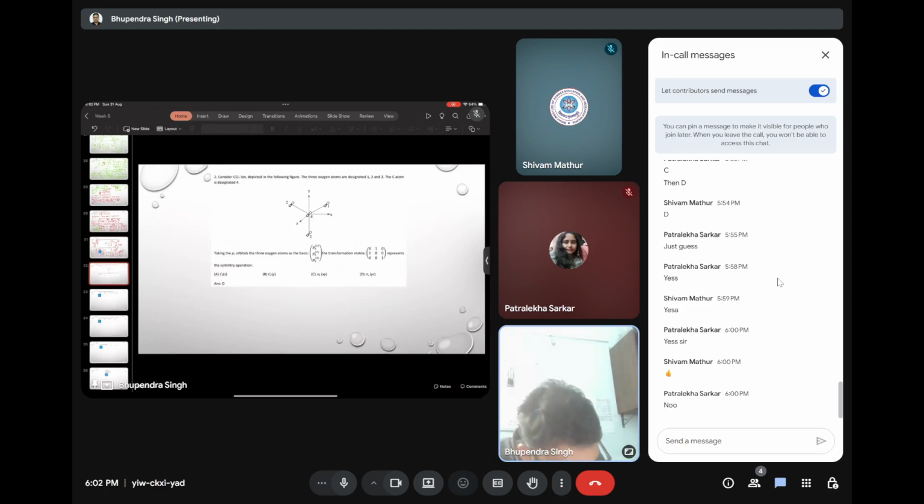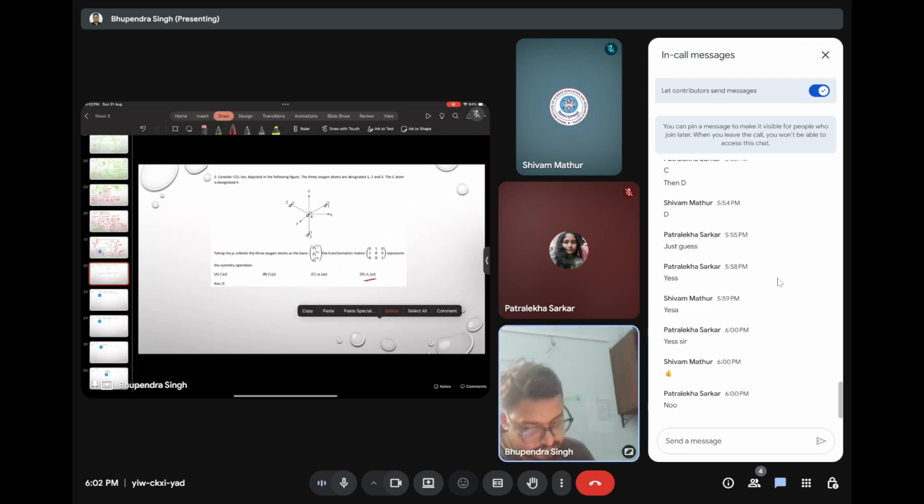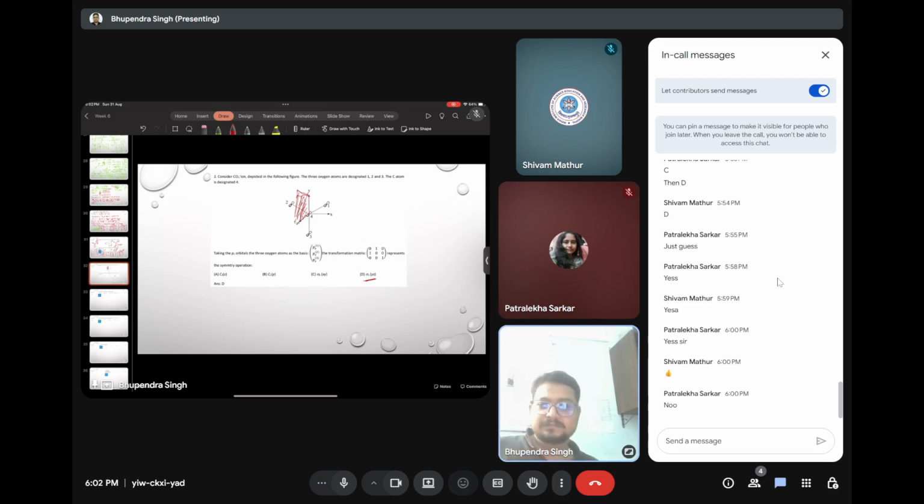So what is sigma v yz? This is the plane. What is happening?